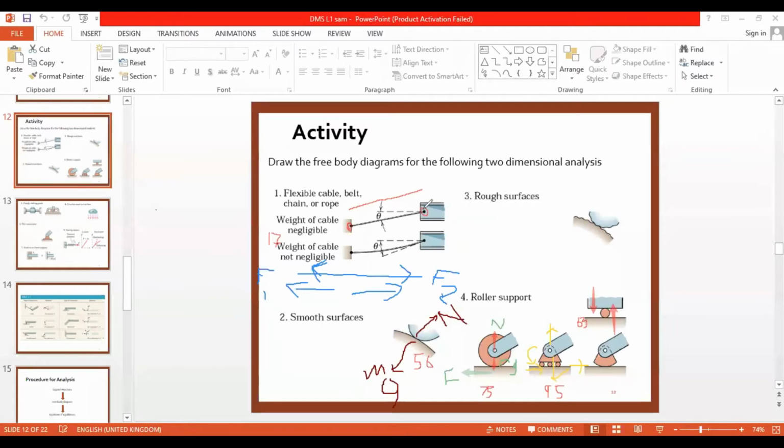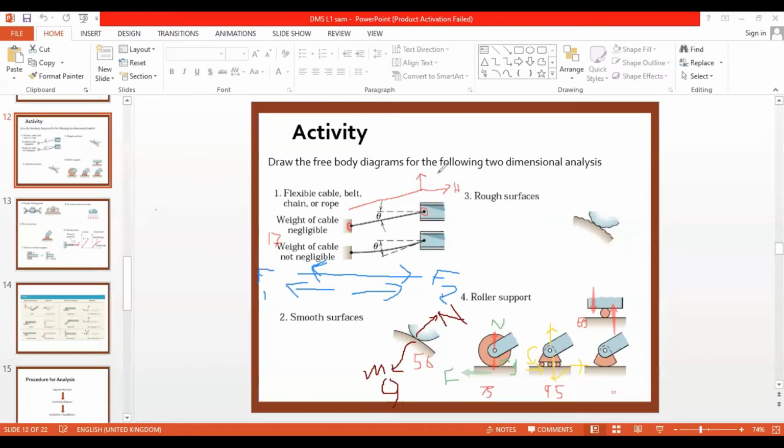If we break a pin joint, in the sense that I am taking this section alone, leaving this and this part, at that time that pin joint will have two forces, one in the horizontal direction and the other in the vertical direction.